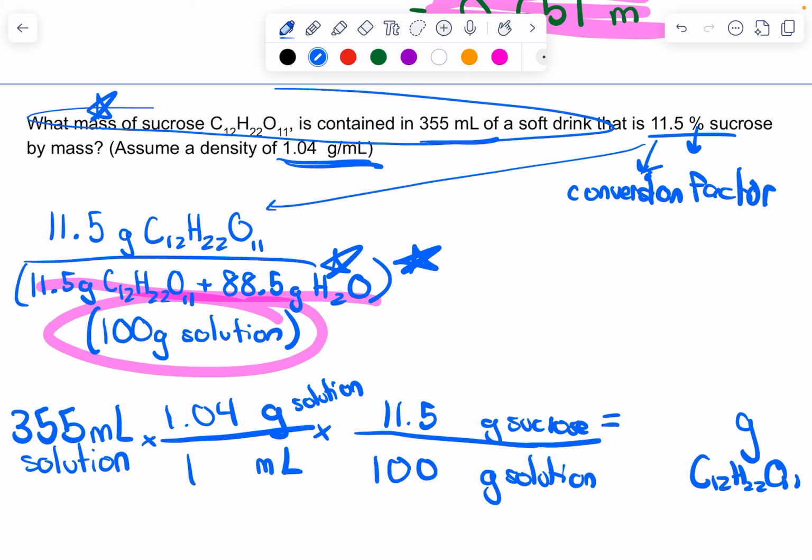So again, the key point here is that I'm using the mass percent as a conversion factor. 355 times 1.04 times 11.5 divided by 100 is 42.5 grams of sucrose.